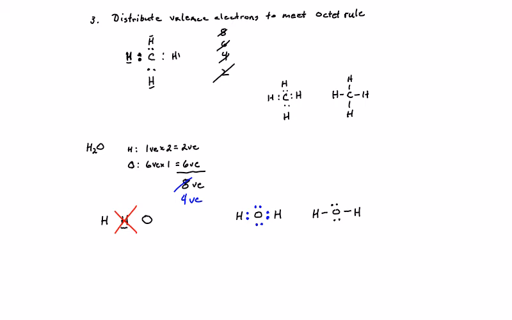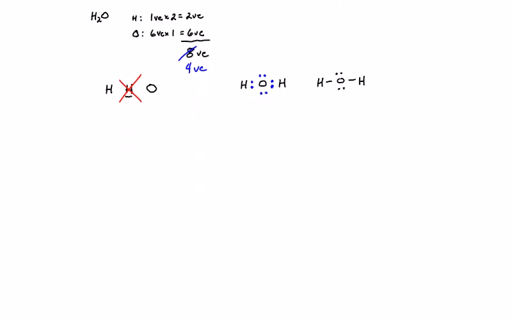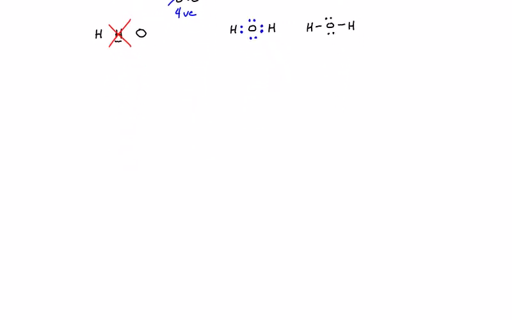So let's look at something maybe a little bit more challenging, an example where we don't only use single bonds. Let's consider a molecule of O2. Just like before, you can pause the video and try it on your own if you like, but I'm going to start working on it here. We have a molecule of oxygen that has 2 oxygen atoms.